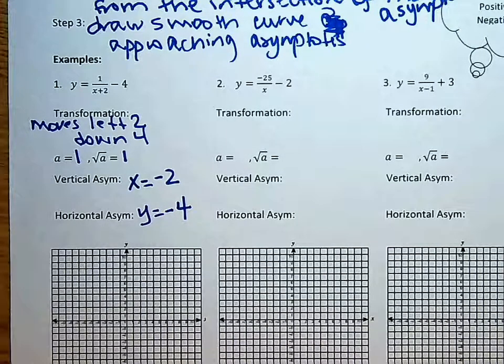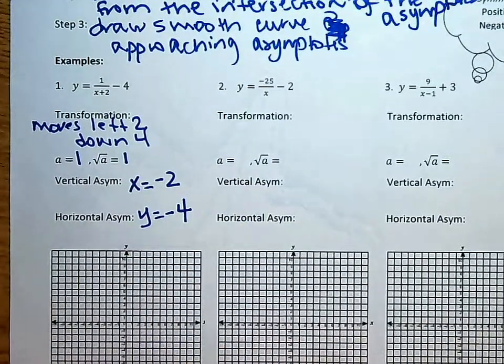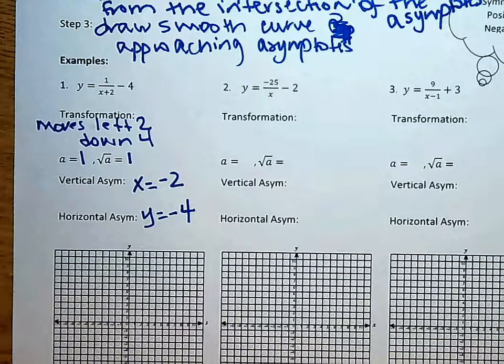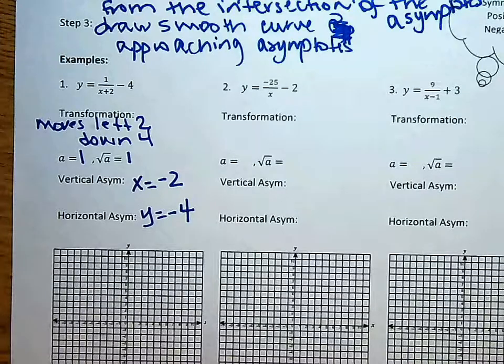Okay, so you found all that good stuff. What are the corner points? How do you find the corner? Hang on, we're going to talk about that, okay? Do you notice I didn't even put a blank here for corner points? I'm going to show you why right now. We're still going to use the idea. So did you graph your asymptotes?